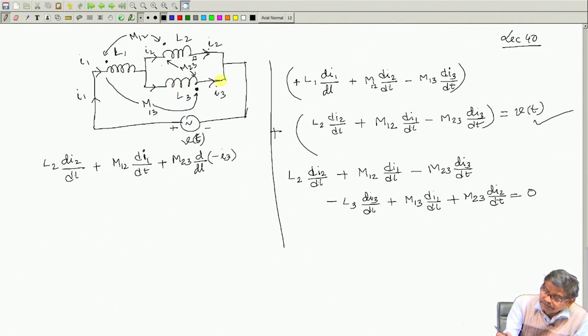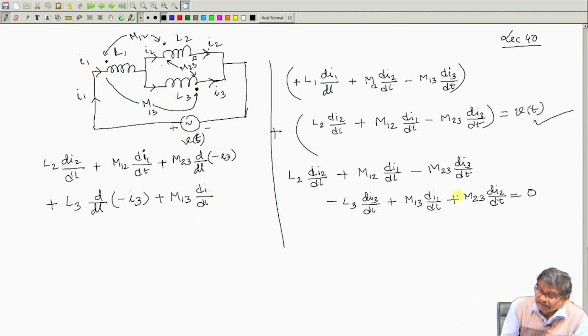Similarly, come here. Here you imagine through the dot currents are entering. So, plus L3 d/dt of minus I3, you write it. So, right hand side will be, through the dot, plus M13 di1/dt, fine, and through this dot it has come.